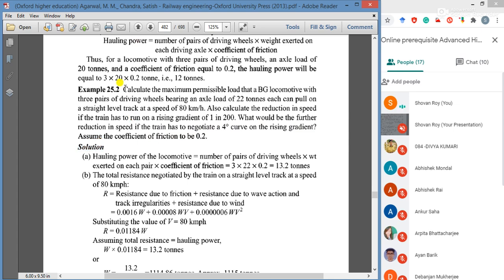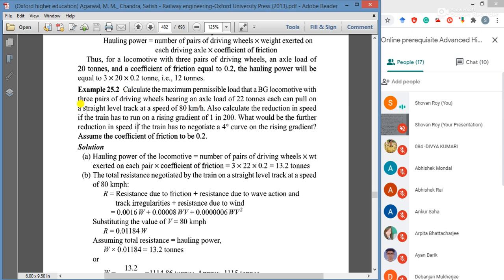First, in the question it is asked to calculate the maximum permissible load that a broad gauge locomotive with 3 pairs of driving wheels bearing an axle load of 22 tons each can pull on a straight level track at a speed of 80 km per hour.